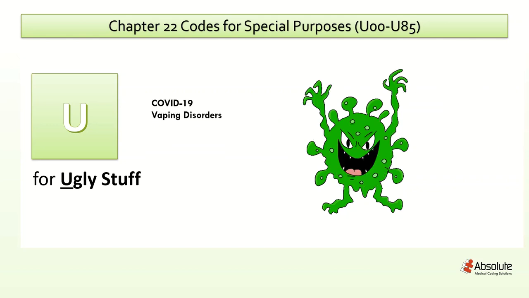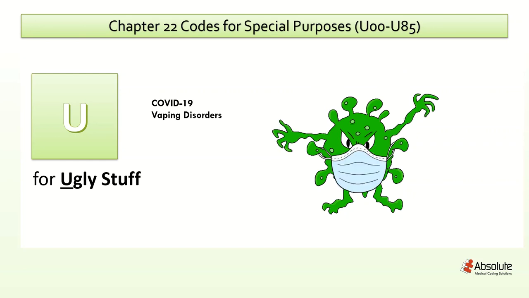Yes, you can find the code for COVID-19 in the U category, as well as vaping disorders. And if you haven't heard, vaping can really do some ugly damage to those lungs. So I think both of these fall in the right category. And also, COVID-19 is an infectious disease, right? So eventually, I believe COVID-19 will have an A designation.